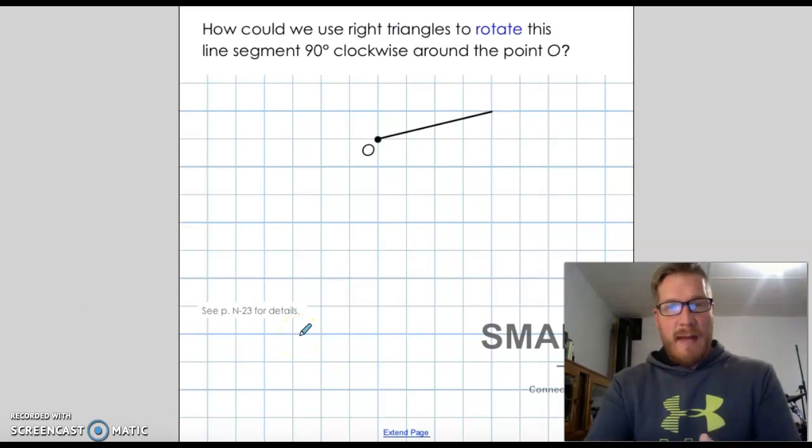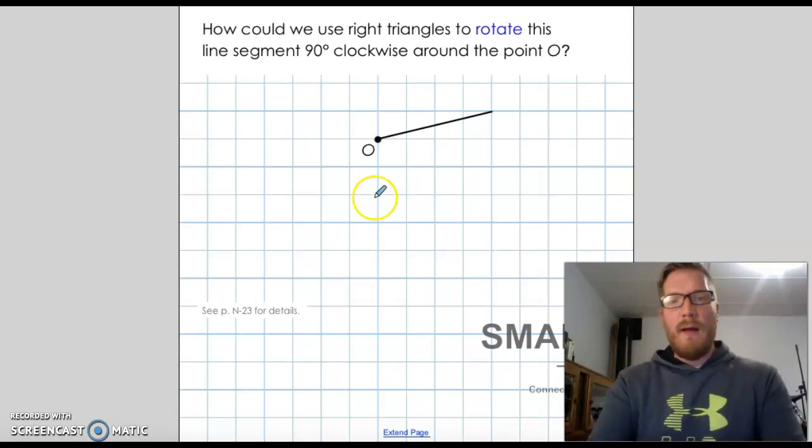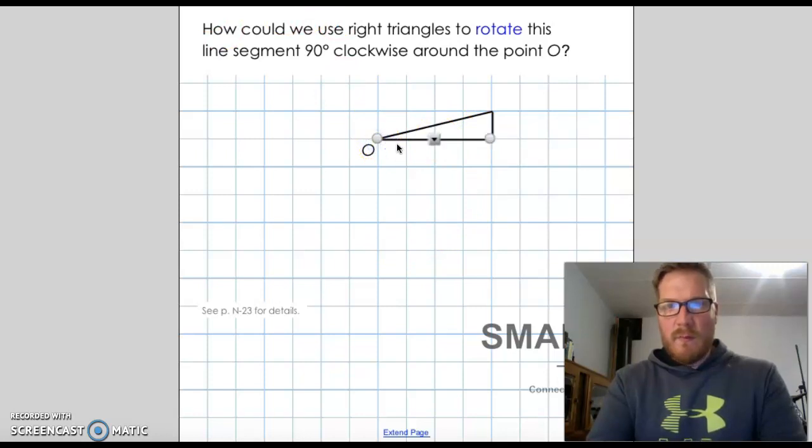So then the next question is, how could we use right triangles to rotate this line segment 90 degrees clockwise? And what they're trying to get at here is, if we make this shape into a triangle, if we take this line and just extrapolate a little bit and imagine for a second that this is a triangle, we could imagine that we're taking this shape and you could again rotate it 90 degrees around this point so that you would end up with, what is it, 1, 2, 3, 4.